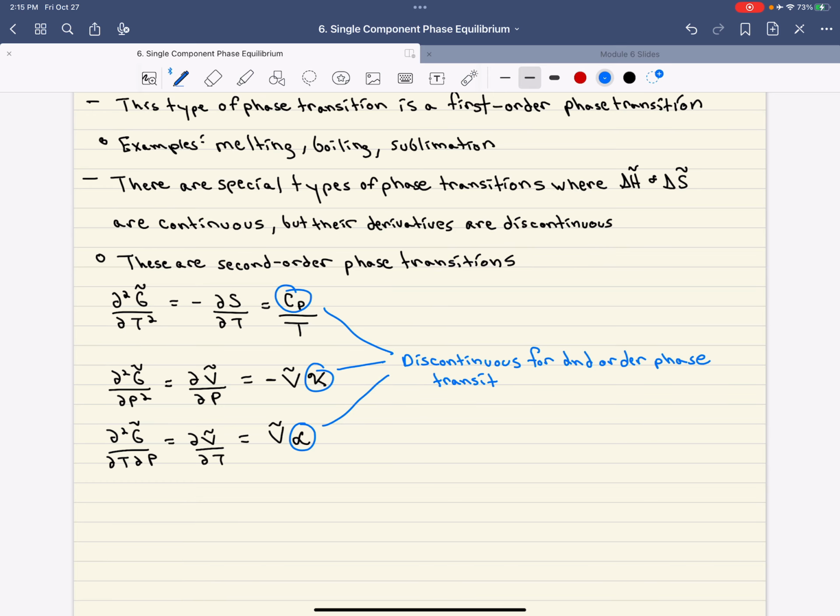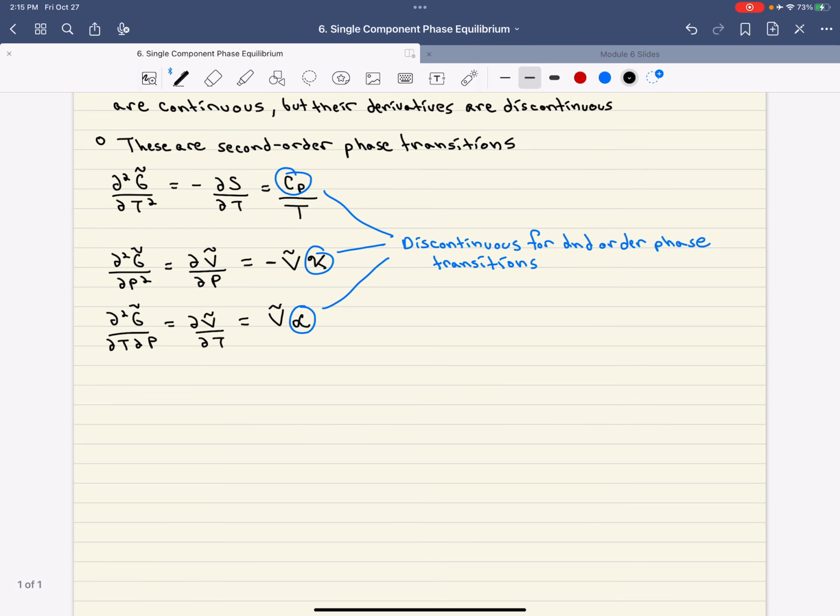Okay? All right, and so some real-life examples of a second-order phase transition. Perhaps one of the more commonly known ones is the glass transition temperature.